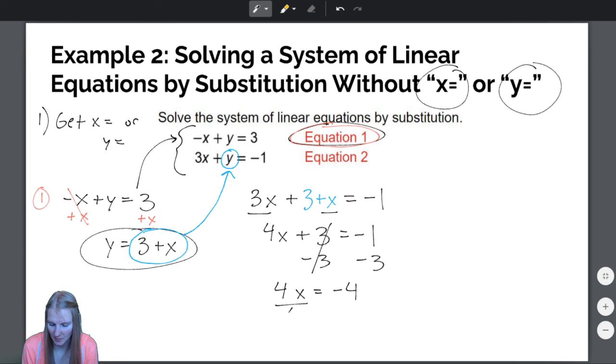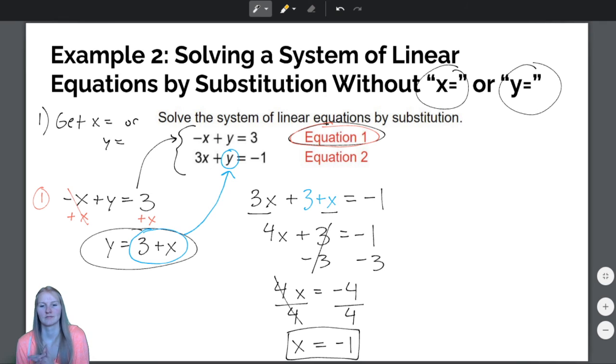Then, I'm going to divide by 4 on both sides to get the x by itself. And x equals -4 divided by 4, which is -1. And ta-da! Step 2 has given us x equals -1.